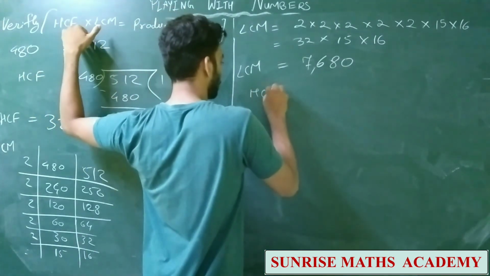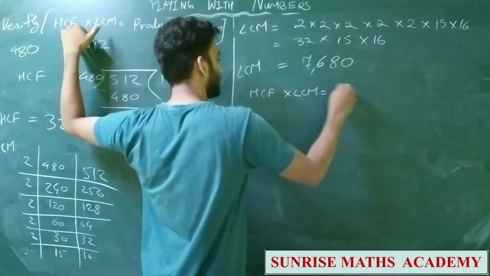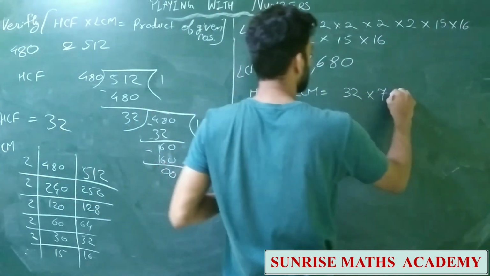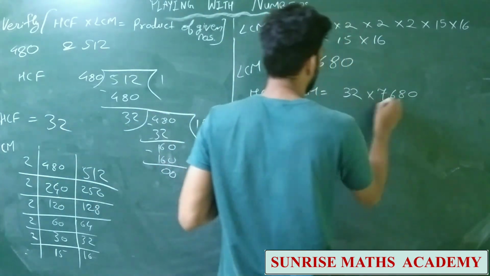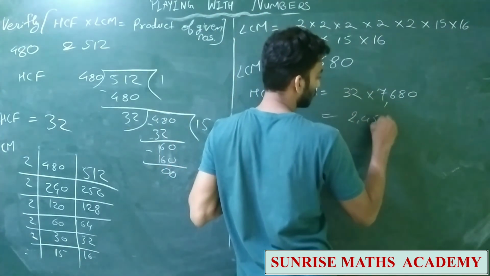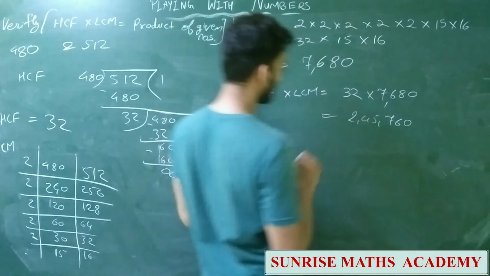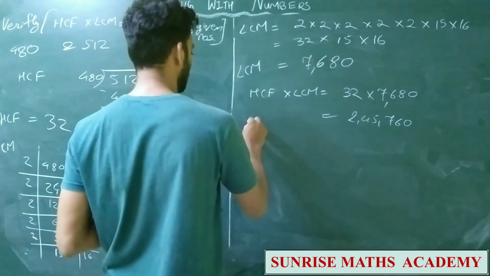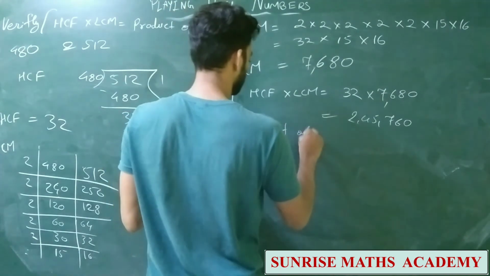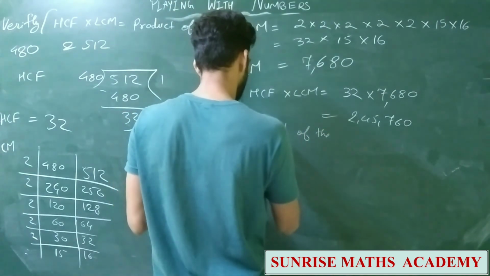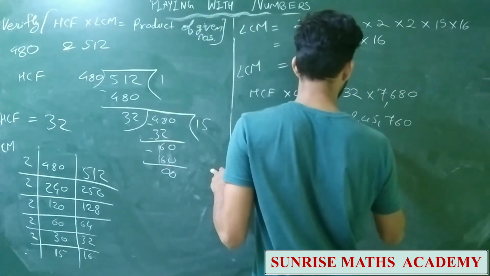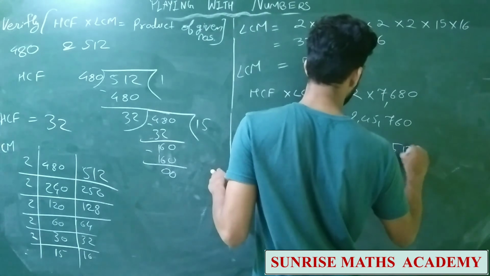So HCF into LCM, that is 32, that is the HCF, into 7680, that is the LCM. Again you can do the rough work. 2,45,760 is the product of the HCF and the LCM. Product of the numbers, 480 into 512.